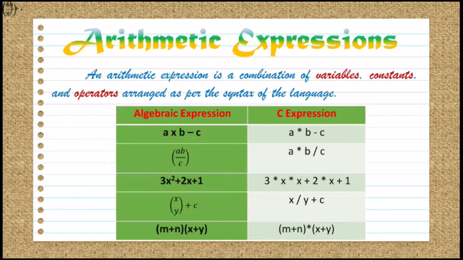The first expression is A into B minus C, and in C we write the same equation as A star B minus C. Second example, AB divided by C, and in C we write the same equation as A into B divided by C. The third expression, which we write in the mathematical way, is 3x square plus 2x plus 1.